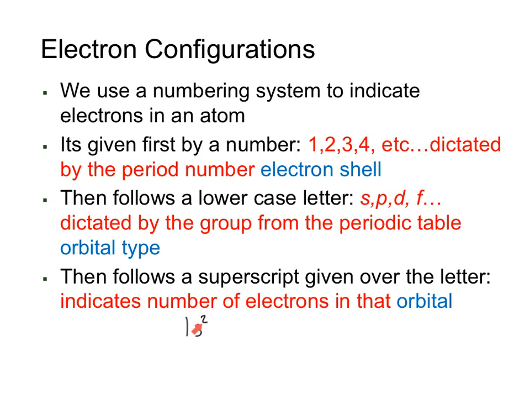This is not a mathematical exponent, so we do not say squared, but rather we say this as 1s2. And again, it means that we have 2 electrons within our 1s sublevel.